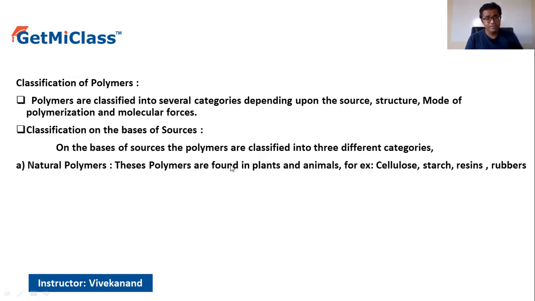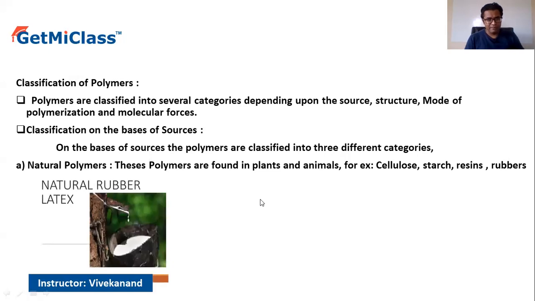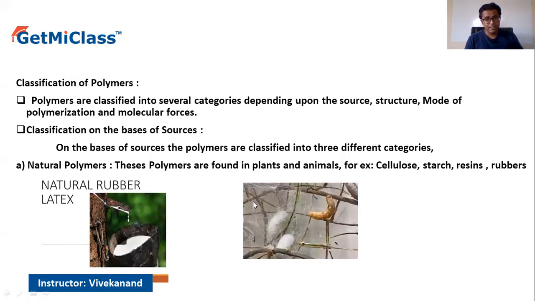These are the polymers which are formed in plants and animals. For example, cellulose, which is one of the components formed in the cell wall of plants. Starch, which we get from potatoes, resins, natural rubbers, everyone knows about those. Okay, so this is the natural rubber, latex. Okay, silk, again, silk is nothing more than a polymer which is derived from animals.